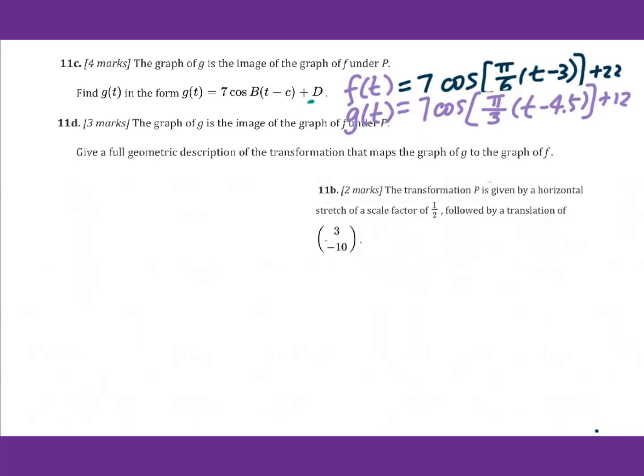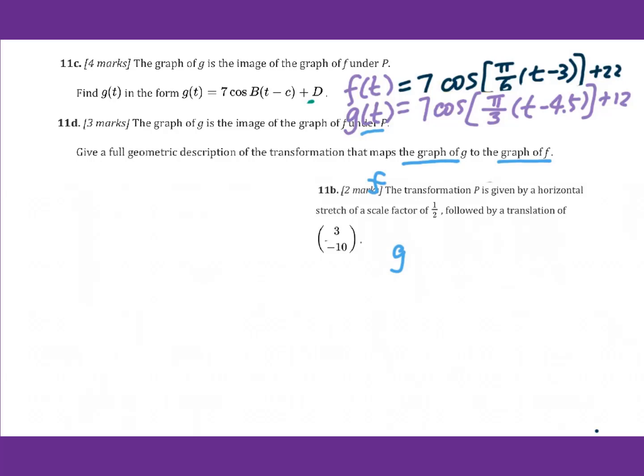For 11d, the graph of g is the image of the graph of f under p. Give a full geometric description of the transformation that maps the graph of g to graph of f. This one is from f to g.